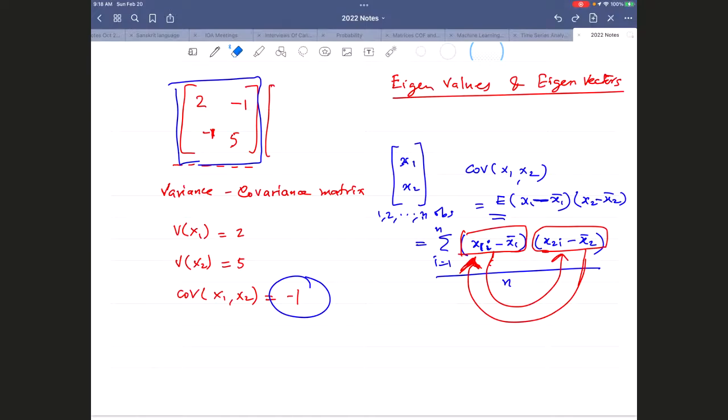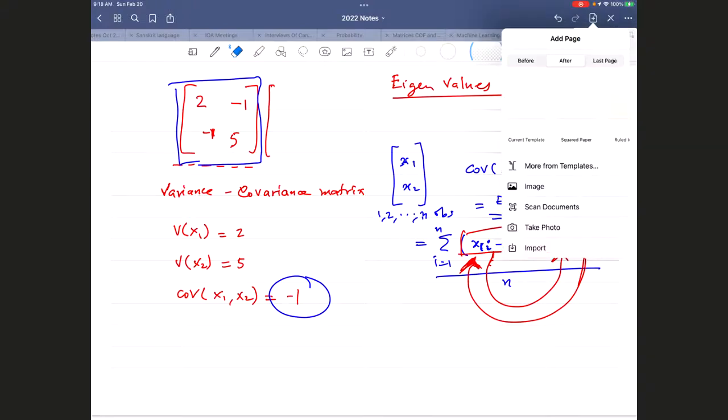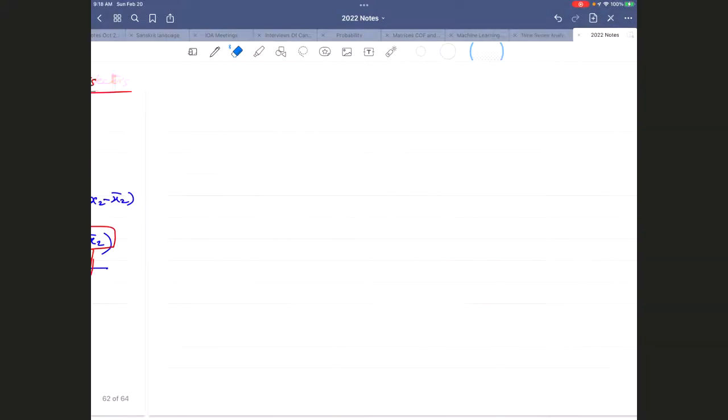Also, when in a multivariate case, we are talking about X. Notation is sometimes like this.